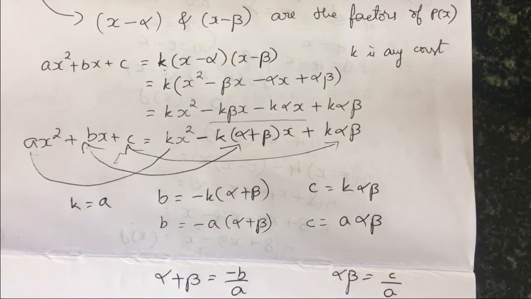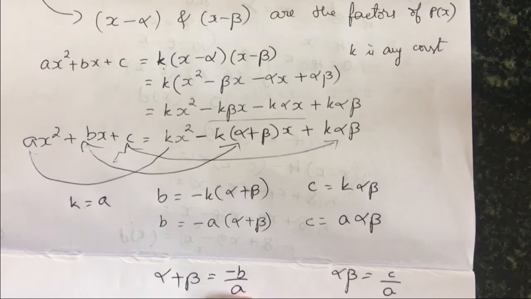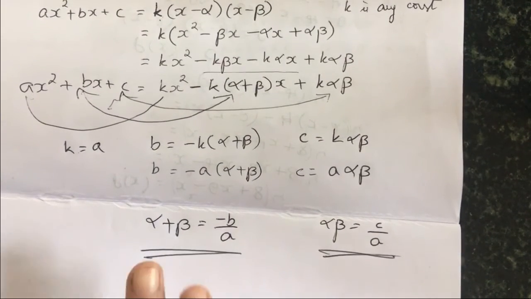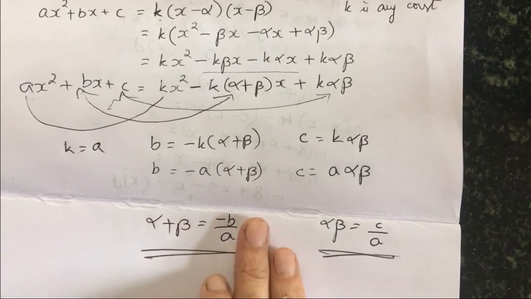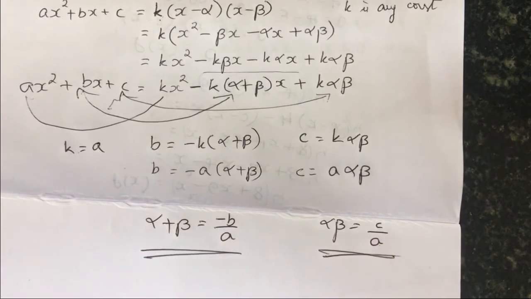So if you are given alpha and beta, the zeros of the polynomial, then you can get the polynomial back just by using these relations, right? So sum of the zeros equal to minus B by A and product of zeros equal to C by A.